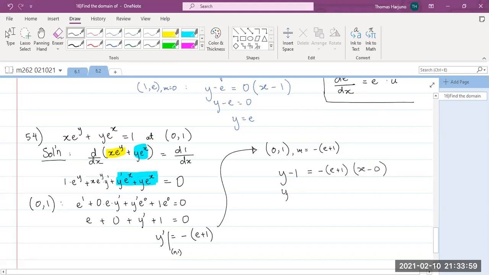So that's y minus 1 equals negative of e plus 1 times x. So y equals negative of e plus 1 times x plus 1.